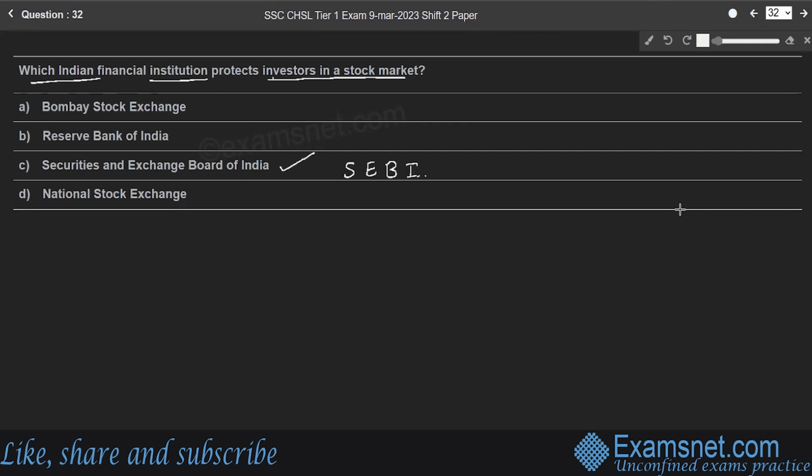SEBI is a regulatory body that was established in 1988 to protect the interests of investors in the Indian securities market and to promote the development of the securities market.